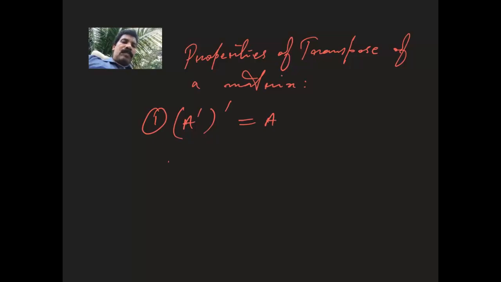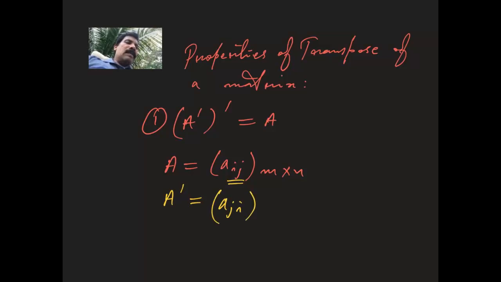Why is it so? Let us consider capital A is equal to, say, Aij of order m by n. Then what is A dash? We know that the ijth position will be in the jith position, therefore it will be Aji, and the order m by n becomes the reverse order, that is n by m.